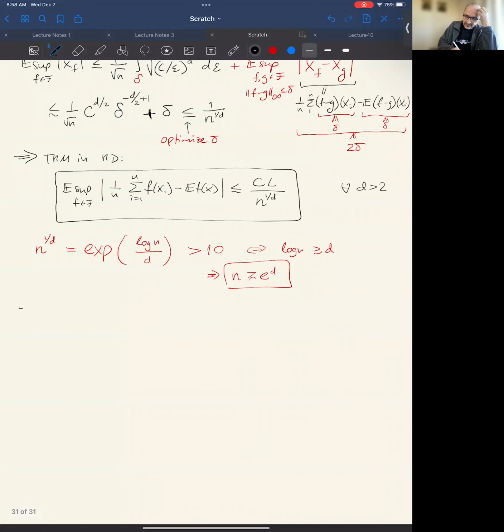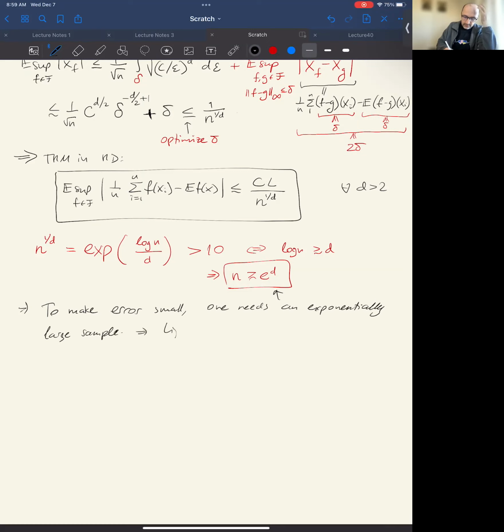So what this means is that, unfortunately, to make the error small, one needs an exponentially large sample in dimension.